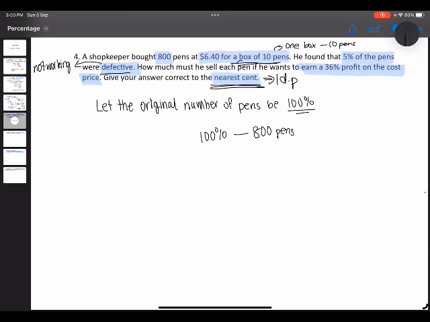So if you minus 5% away from 100%, the remaining pens are 95%, which involves the proportion method I have shared with you, which means it is 800 over 100 times 95, which gives a value of 760 pens. So 760 pens were still working.